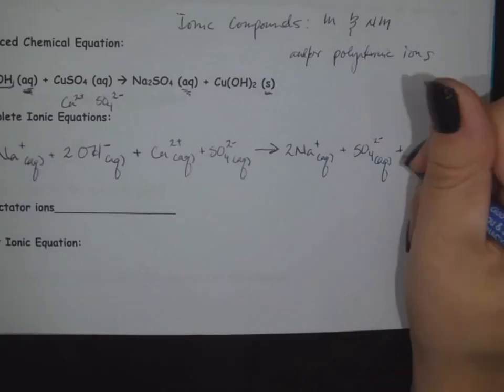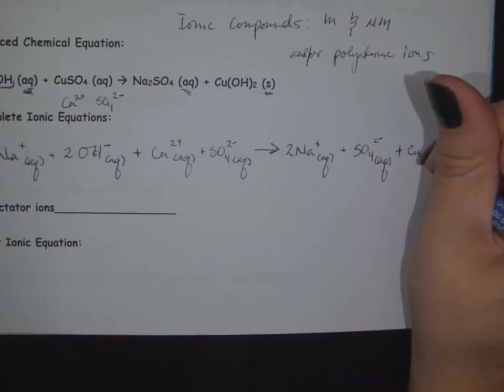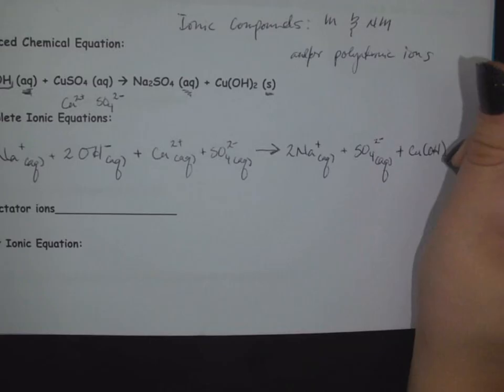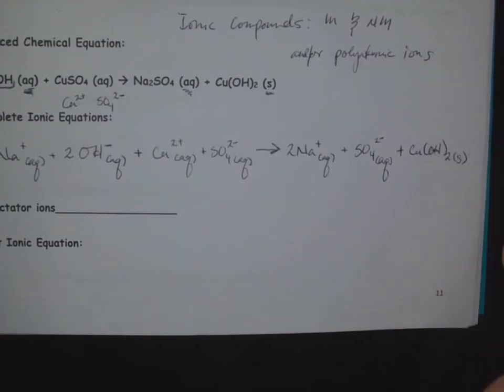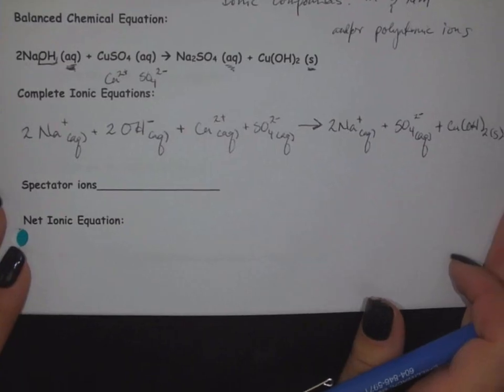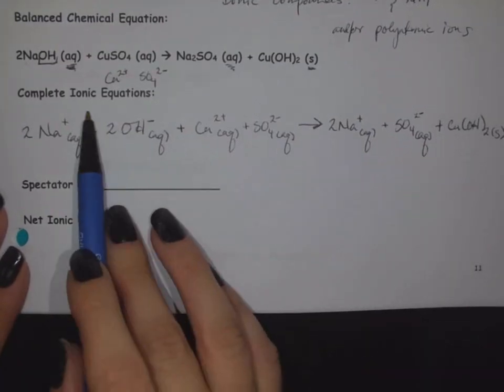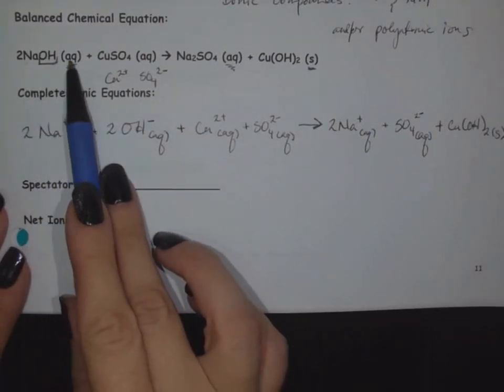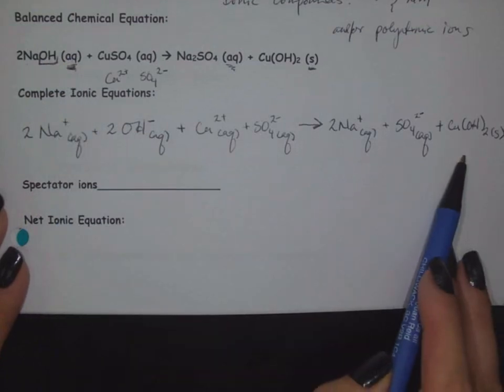It stays together as Cu(OH)2 solid. This is the complete ionic equation, where the ionic compounds, whenever they were aqueous, we broke them apart.